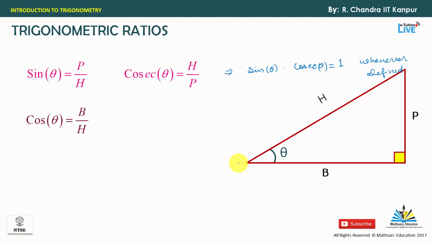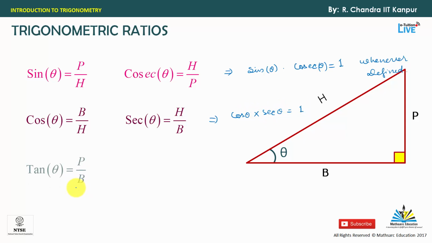Similarly, we have other ratios: cos theta equals base upon hypotenuse, and sec theta is equal to hypotenuse upon base. You can also have the same relation: cos theta into sec theta is equal to 1.